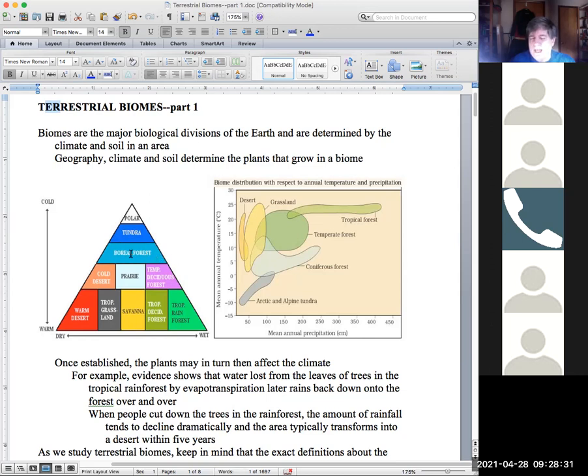Now, slightly cooler than that, and also notice that as we go down, we typically see a wider range of temperatures. Slightly cooler than that is the boreal forest, or it's sometimes called the taiga, or the coniferous forest. Even though it's not usually called the coniferous forest, this is probably the best name in terms of telling us what we find in this environment. In the coniferous forest, most of the trees are conifers, cone-bearing trees.